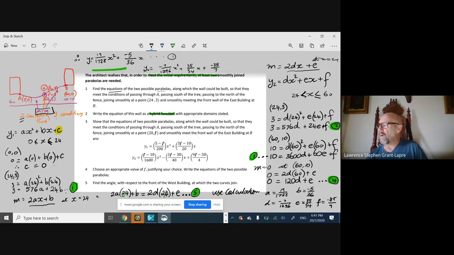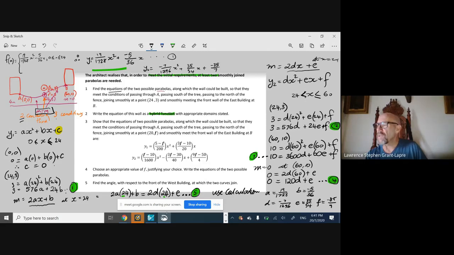So to write it as a hybrid function, you simply write f of x equals, and then you put your two equations. The first equation, 19 over 1728 x squared minus 5 over 36x, and you put x is between 0 and 24.